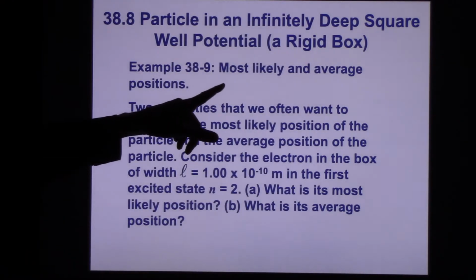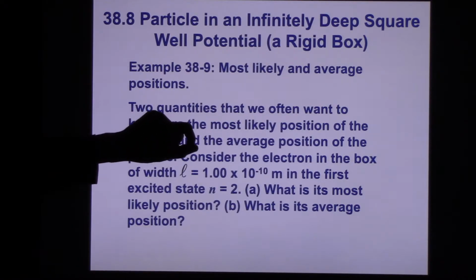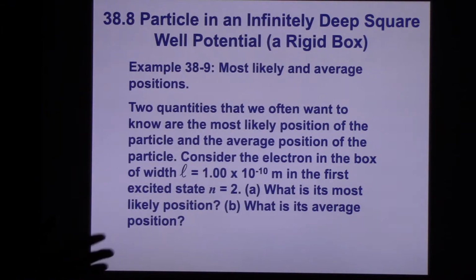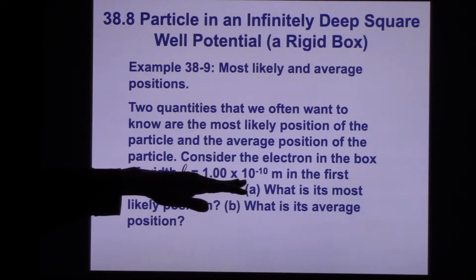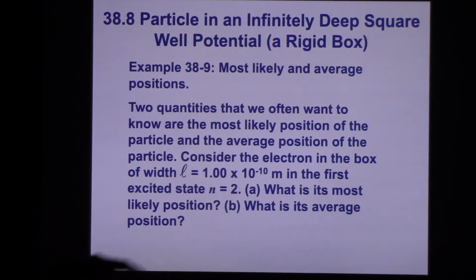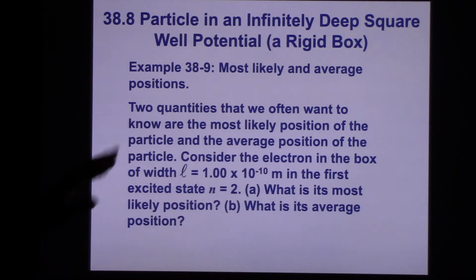So what they want us to find out now is the most likely value and average position of the electron. It's still a region of 100 picometers. Now it's saying state 2, but we can do them all. It worked out fine last time, right?